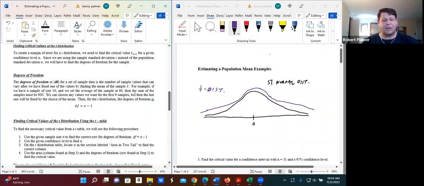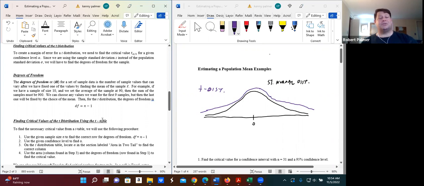It says, for example, if we have a sample of size 10 and we set the average of the sample at 90, that's the average we found, then the sum of the samples must be 900. We can choose any of the values we want for the first 9 samples. If we choose those, then the last one is fixed by the choice of sample mean. So once again, if we create a sample of size 10 and we want the average to be 90, then the sum of the samples, 10 times 90, is 900.